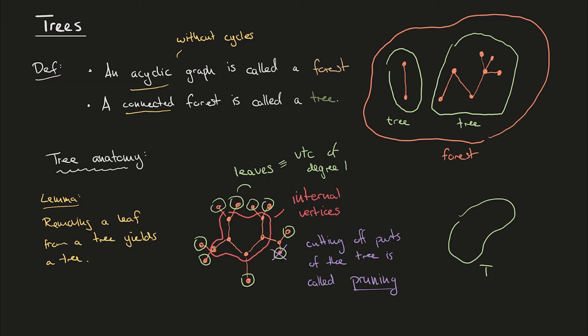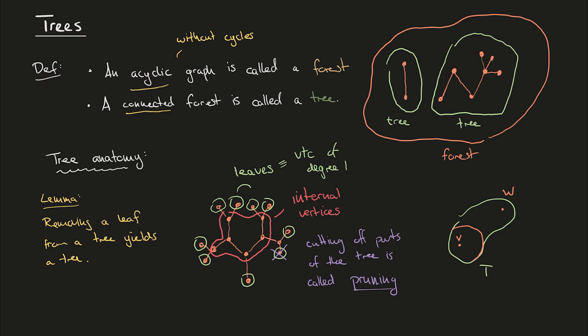In particular, we'd have two connected components, and one of them would contain a vertex V, and another would contain a vertex W, and in the graph T without one of its leaves, these vertices would be disconnected from one another.